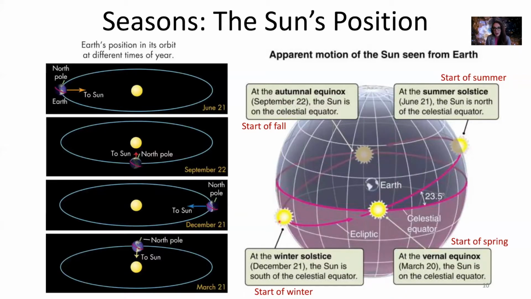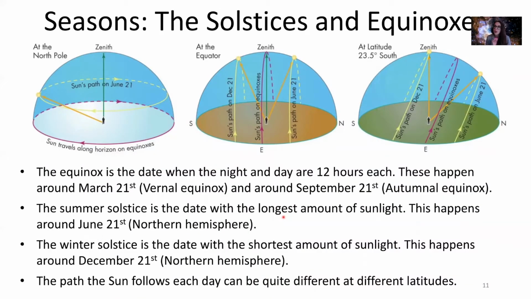And then here on the winter solstice, around mid-December, we have the sun at its lowest point in our horizon in the Northern Hemisphere. And that's when we call beginning of winter. And that winter solstice is also the day when we have the smallest amount of sunlight and the greatest amount of darkness.